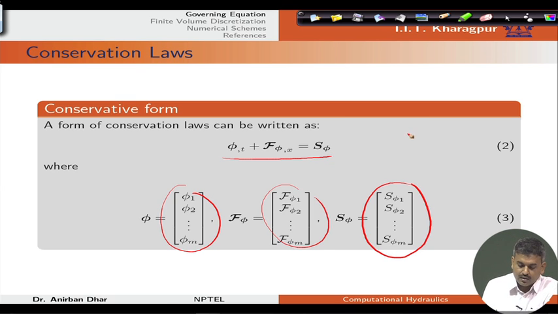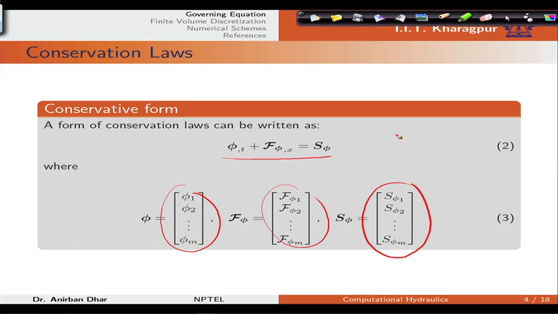Here this comma t means we are differentiating with respect to t. This is phi comma t.